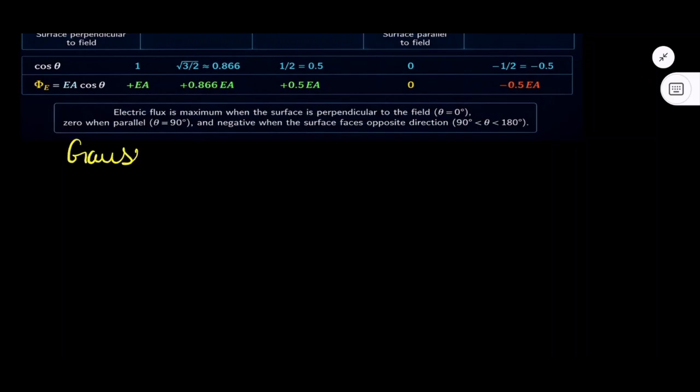Gauss was the scientist who gave the law that whenever the flux is passing through a closed surface, so suppose we have a closed body, and we have to find the electric flux through the surface, and suppose we have a charge over here. Now we have to calculate the flux through the surface.